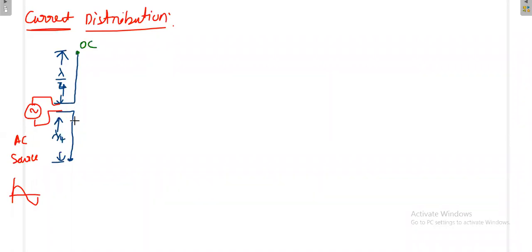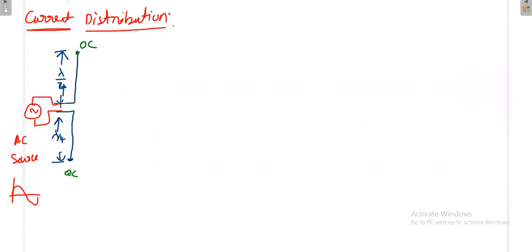Similarly, when a signal comes from the other side, it sees open circuit. Once open circuit is there, whatever your input, AC or DC, the current value there is 0.